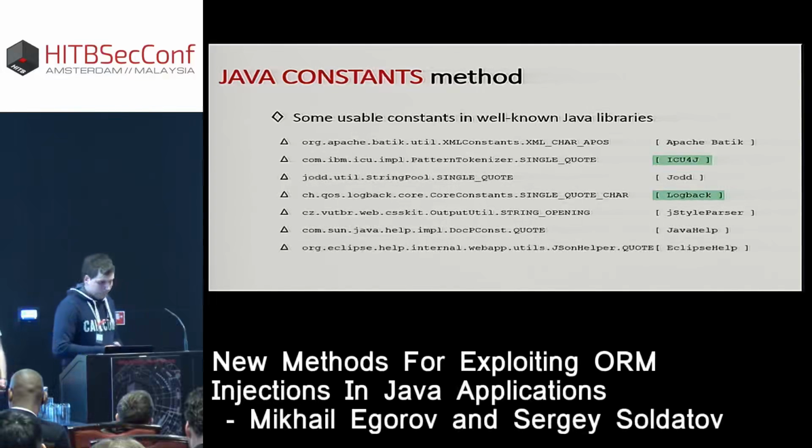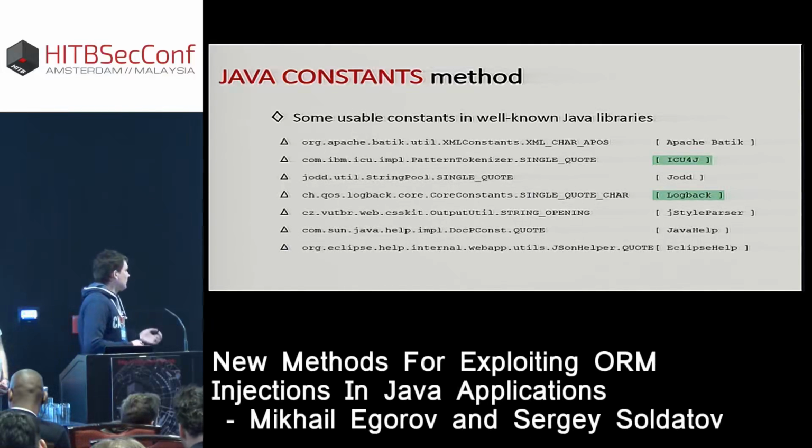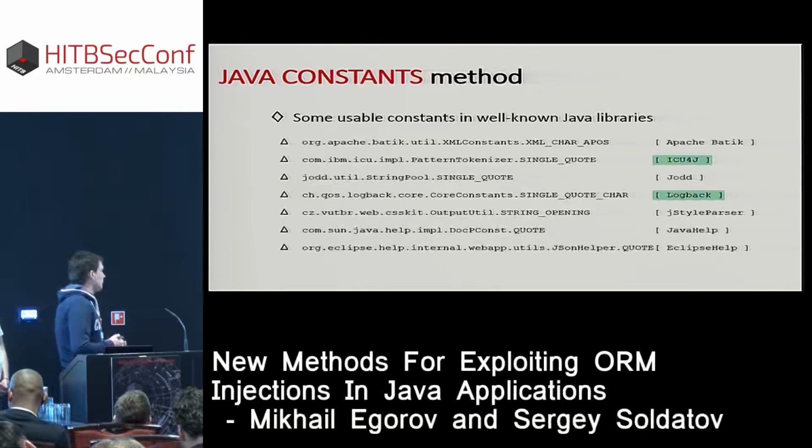And as I said, these are 2 very popular libraries, so it is quite likely that they will be encountered in the class path of the application you are attacking.